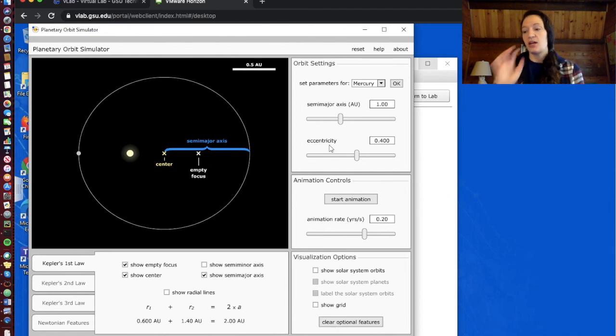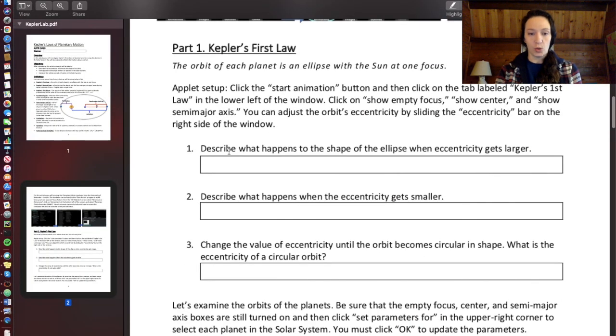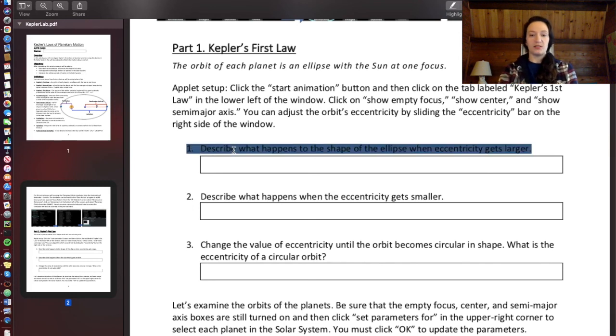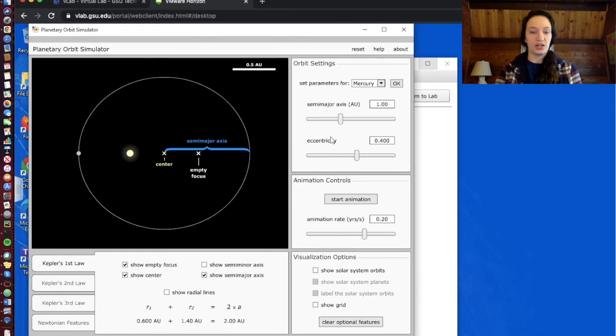So, to start off, the lab asks you question 1 and 2, which is asking basically what happens to the shape of the ellipse when eccentricity gets larger and then when eccentricity gets smaller. So for this, you're just going to go to your simulation window. You're going to take the eccentricity bar.